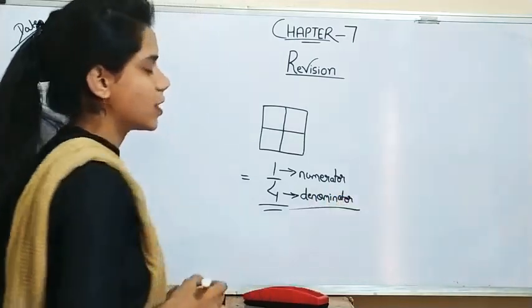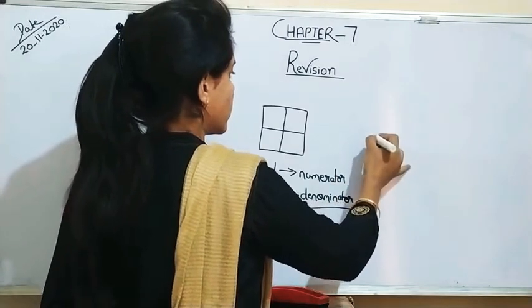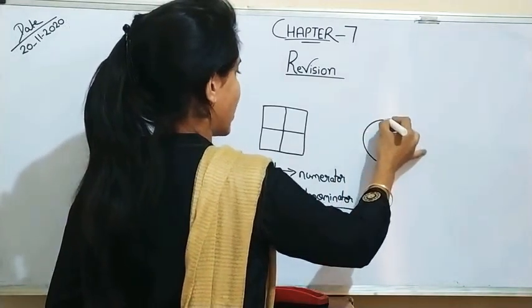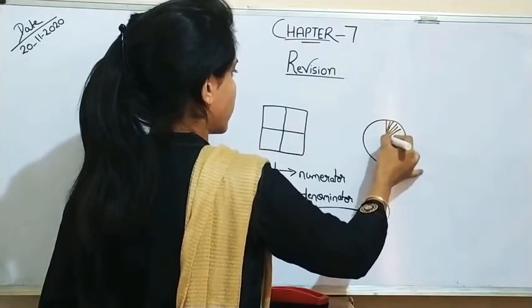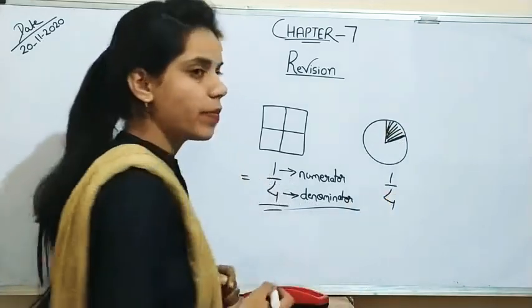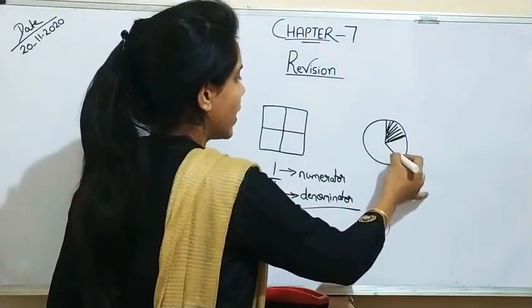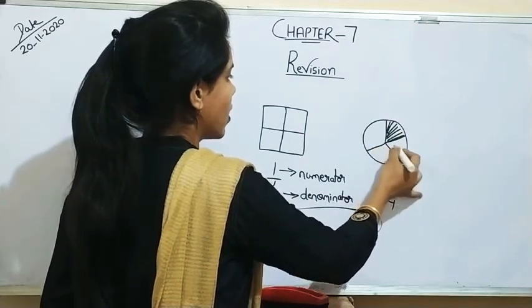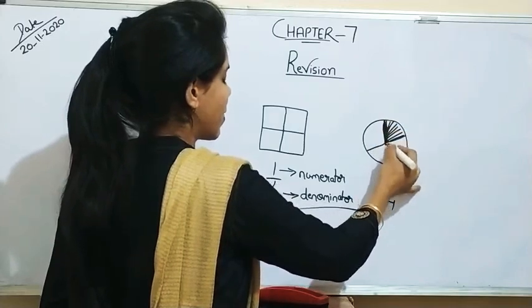Okay. So in this way, suppose there is one circle and I shade only one region. This will also be written in this form. Why? Because you can observe that if I divide it into parts like this, 1, 2, 3, 4, all parts are the same.